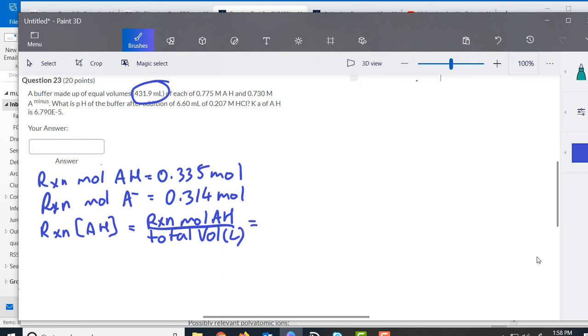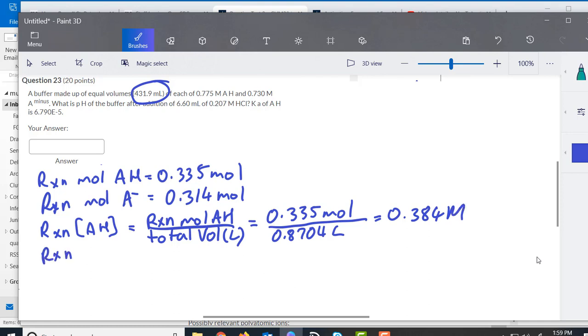And that's going to be 0.335 moles divided by the total volume, which is 0.8704 liters. I'll explain how I get that in a second. And that equals 0.384 molar.